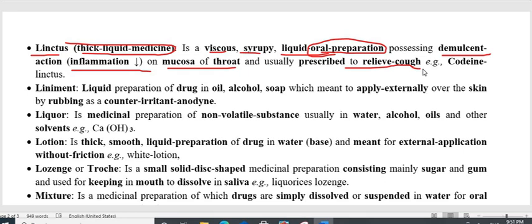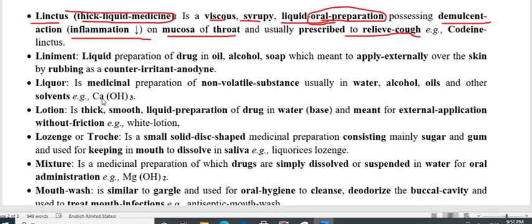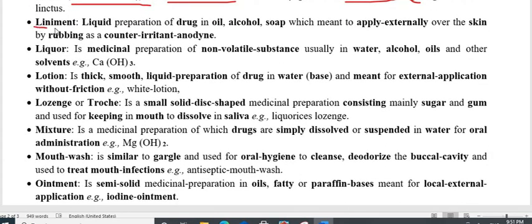Now we have to go to the liniment. Liniment is a liquid preparation. This is very important, and it is applied over the skin by rubbing, is called liniment.